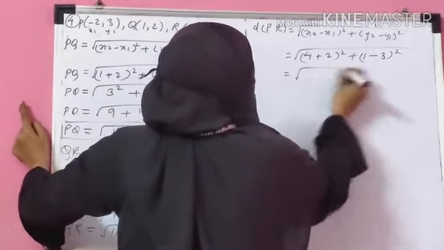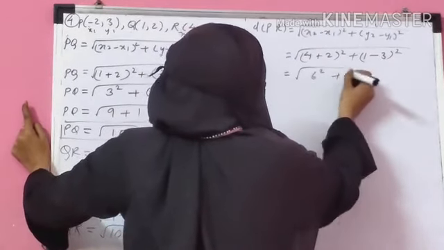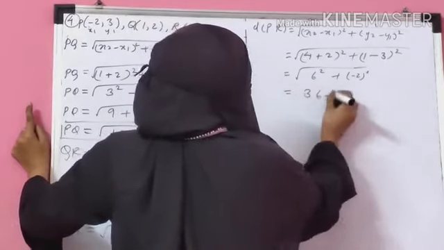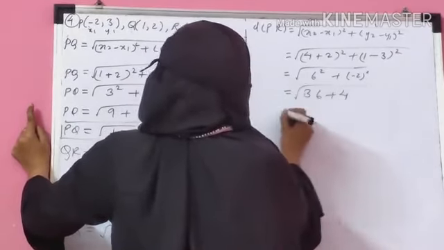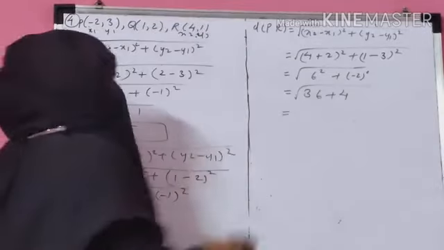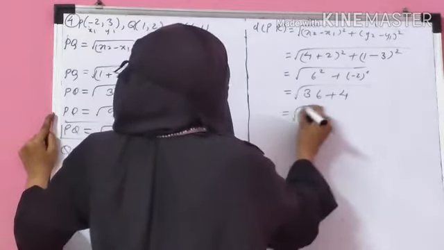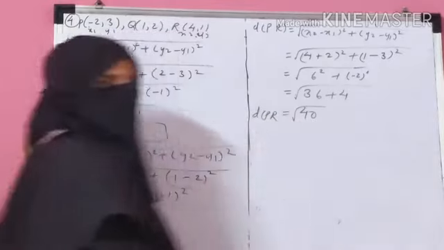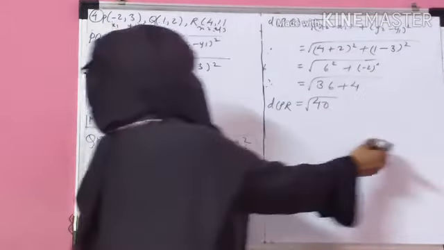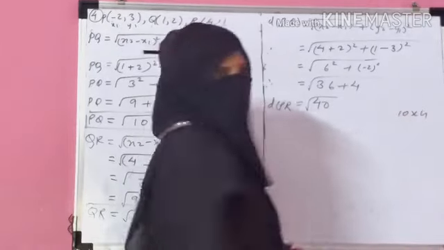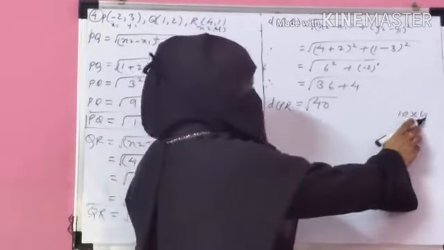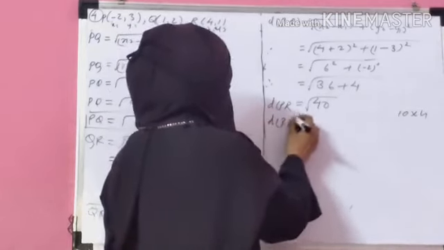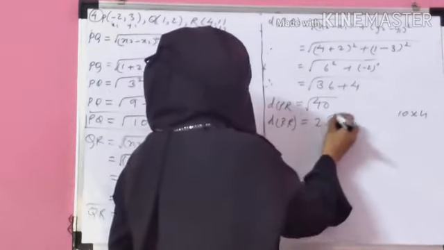So 4 plus 2 is 6 square. 1 minus 3 is minus 2 square. 6 square is 36, minus 2 square is 4. So 36 plus 4 is 40. It becomes root 40. So distance between points P and R is root 40. Square root of 40, 10 4s are 40. Square root of 4 is 2. So distance PR is equal to 2 root 10.